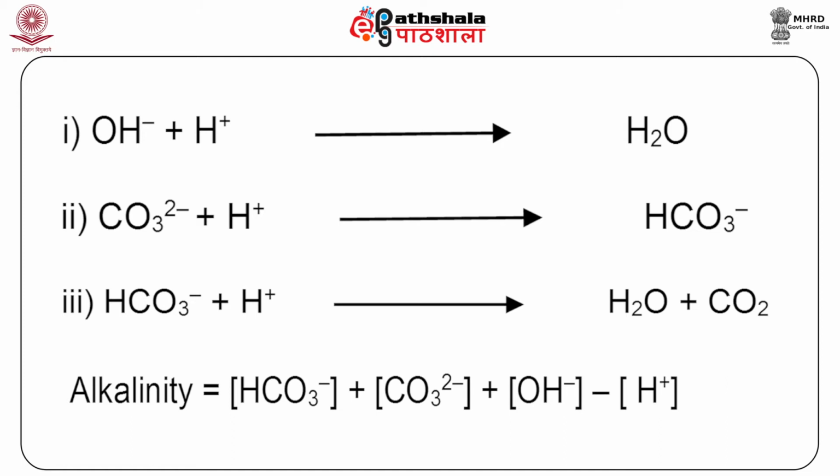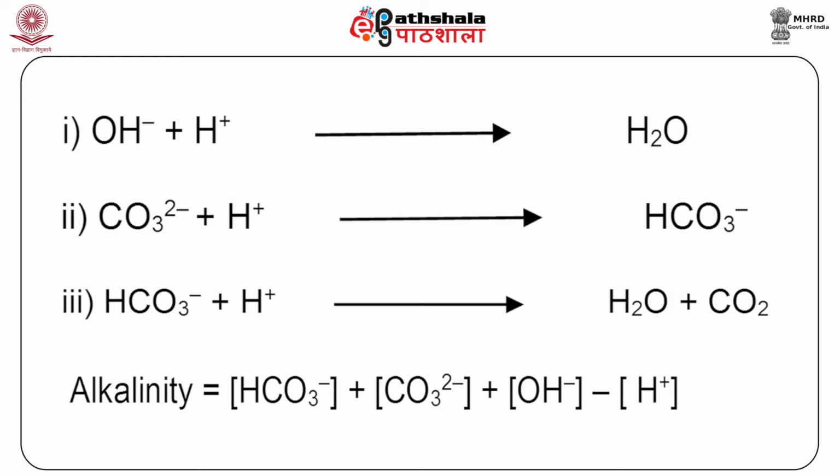of that particular sample. The neutralization reaction up to phenolphthalein endpoint shows the completion of reactions 1 and 2 only. Thus, the amount of acid used is equal to complete neutralization of OH- plus half neutralization of CO3 2-. The titration of water sample using methyl orange indicator gives the completion point of the reactions 1, 2 and 3, as you can see here.